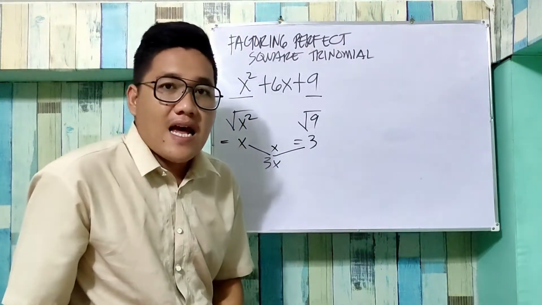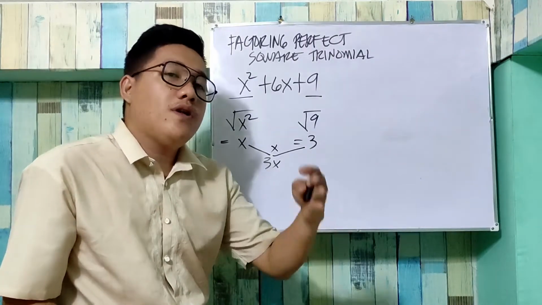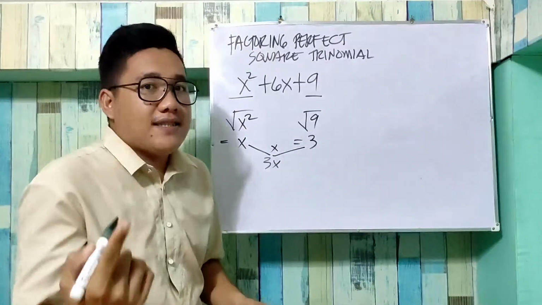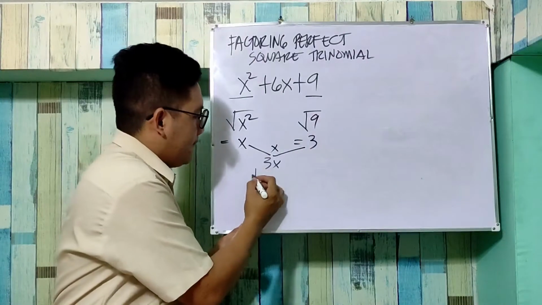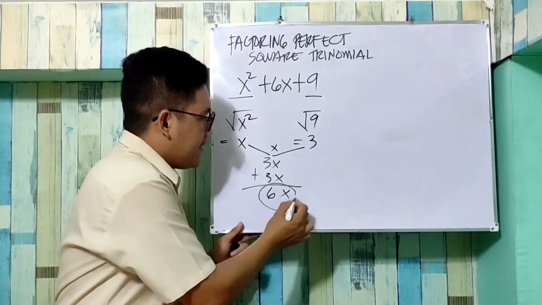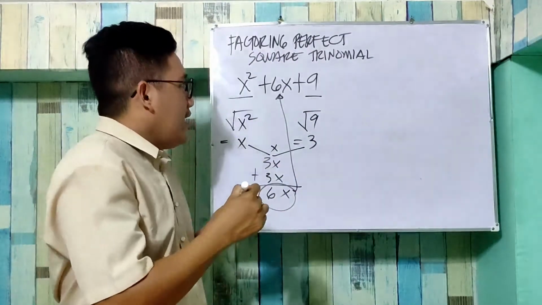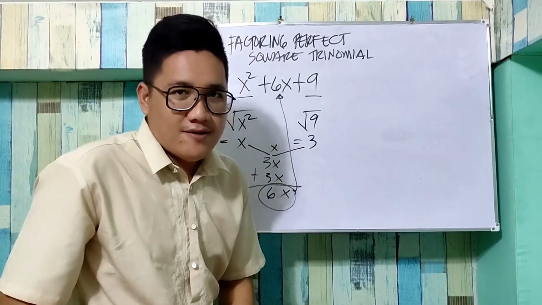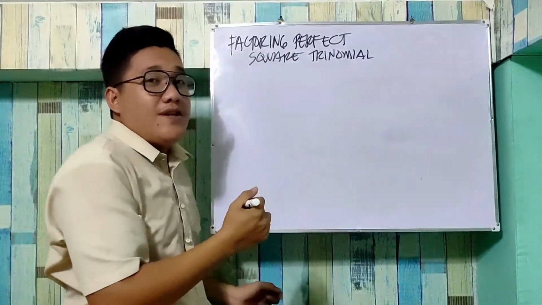Then twice the product, meaning to say we are going to multiply it or double it. So 3x plus 3x or 3x times 2, that is 6x. So meaning to say, the given trinomial is a perfect square trinomial. So, ibig sabihin, kaya natin siyang ma-factor. So, next problem.